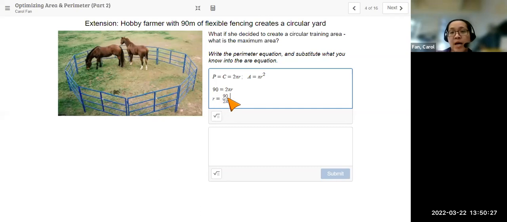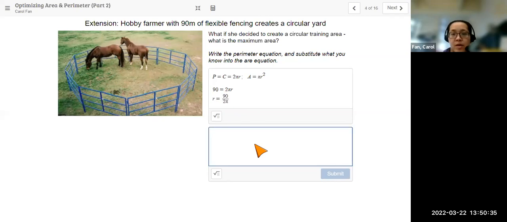So once I'm here, let's take this and substitute it into my area equation. So area is pi r squared. Area is equal to pi times 90 divided by 2 pi, all to the power of 2.